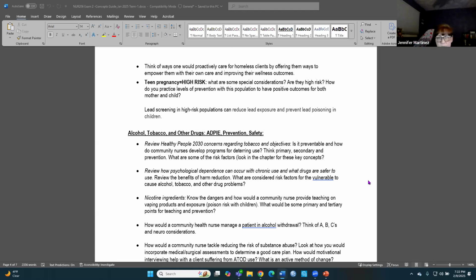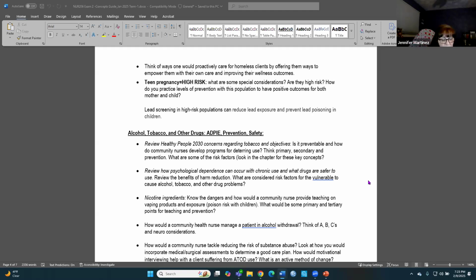One of the goals is to increase the proportion of people with substance use disorder who get treatment. We want to reduce the proportion of people who have opioid use disorder, and then increase the Medicaid coverage of evidence-based treatment to help people quit tobacco.